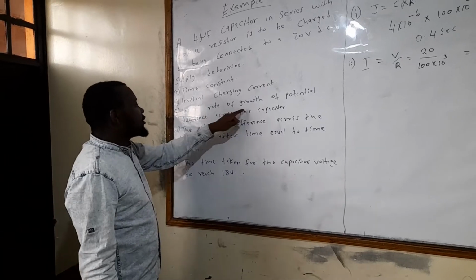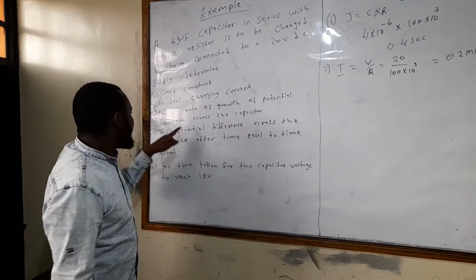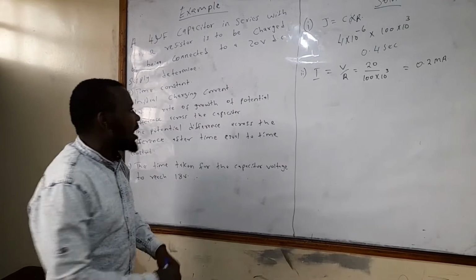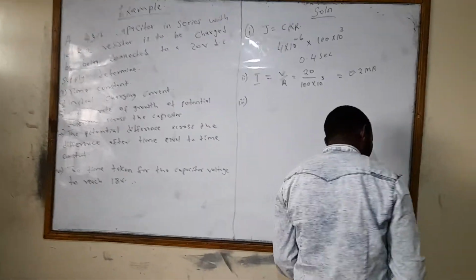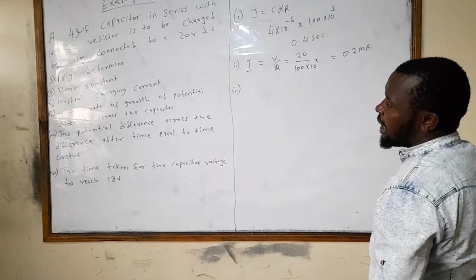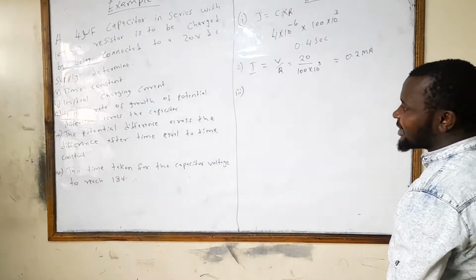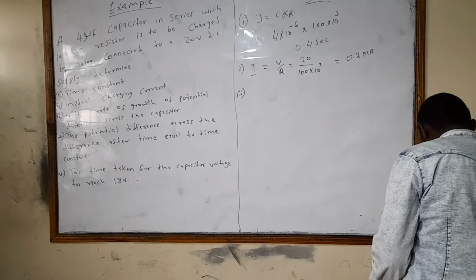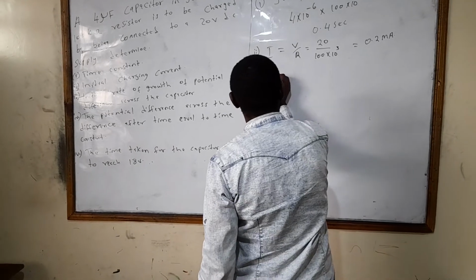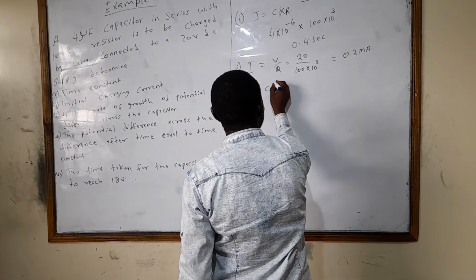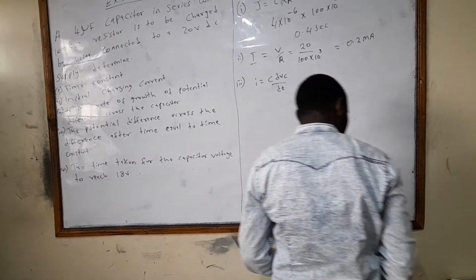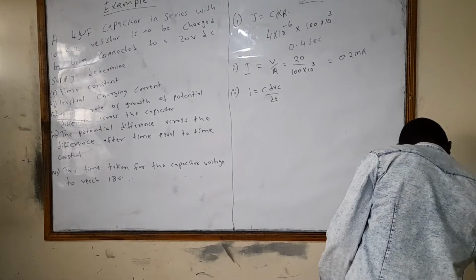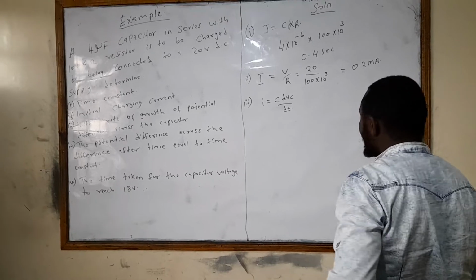Question number 3: the initial rate of growth of potential difference across the capacitor. We need to know that I is equal to C dVc divided by dt. I hope you can remember that.